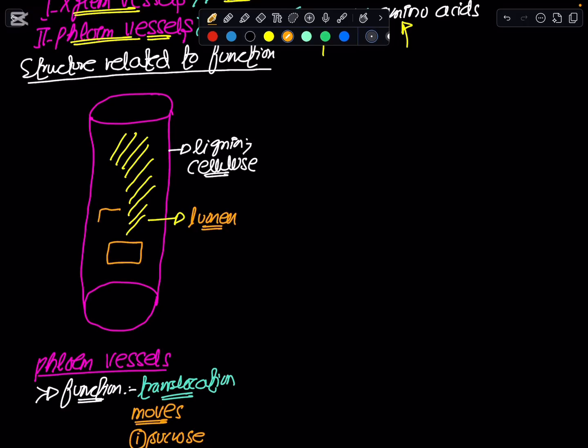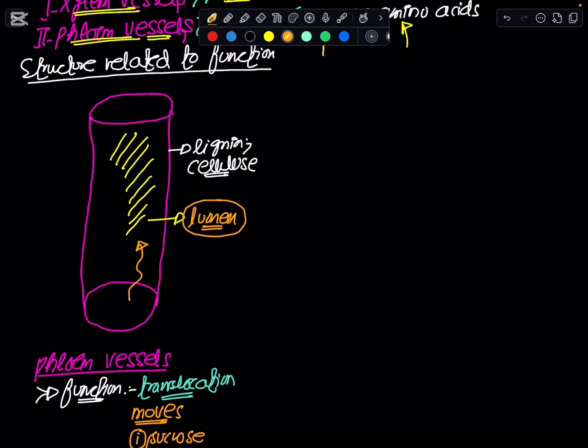If I were to arrange a lot of plant cells within the xylem vessel, there would be a lot of organelles in them and it would hinder the movement of the water. So we say that the xylem vessels are dead, and when they are dead, their lumen becomes empty, and when this becomes empty, the water can move uninterrupted and without any kind of hindrance from the stem upward to the leaves.